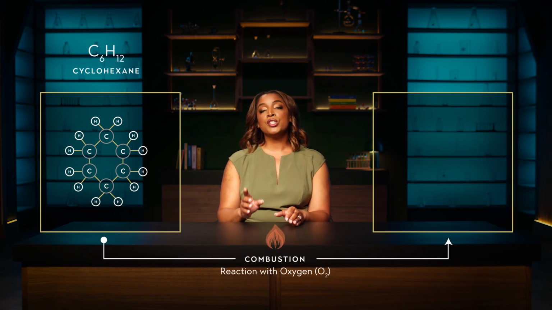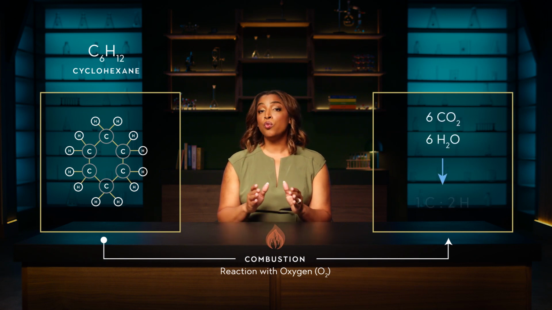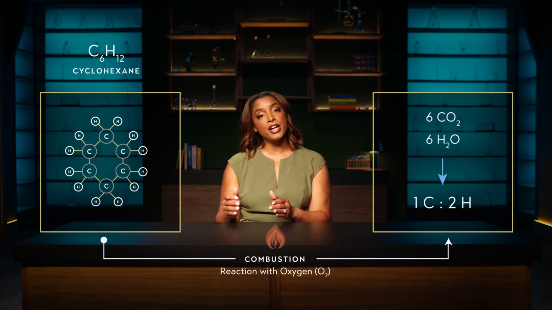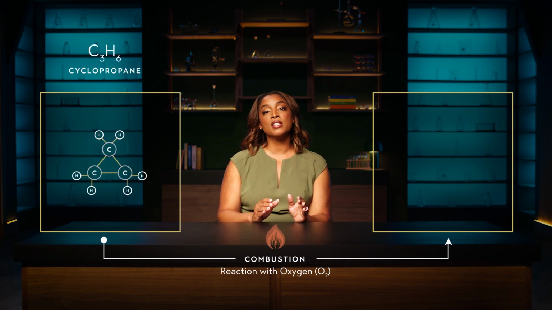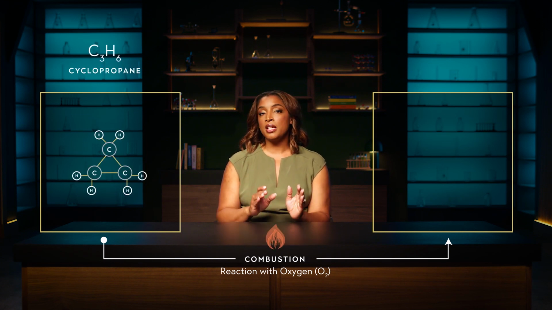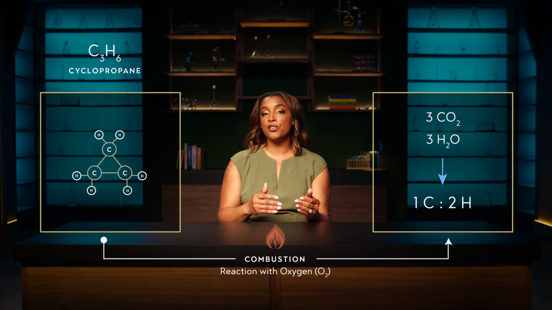However, simply having this ratio does not allow us to specifically identify the molecule. Why is that? If I did a combustion analysis of cyclohexane, which is C6H12, I would obtain a ratio of 1 to 2 for carbon to hydrogen. But if I did a combustion analysis of cyclopropane, which is C3H6, I would also obtain a ratio of 1 to 2 for carbon to hydrogen.